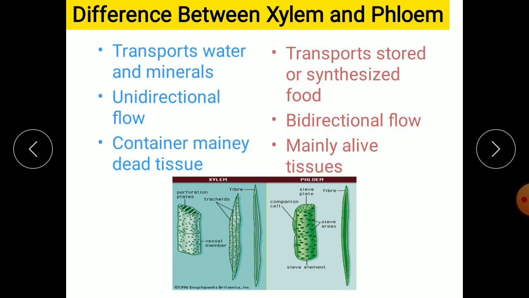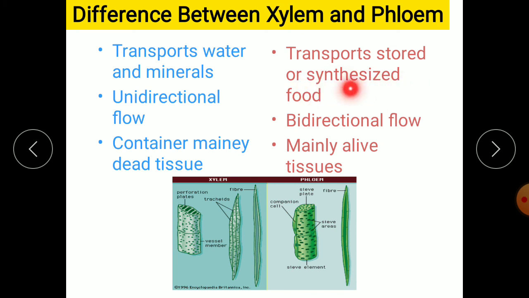See the differences between xylem and phloem. These are the points for xylem, these are the points for phloem. Xylem transports water and minerals. On the other hand, phloem transports stored or synthesized food.